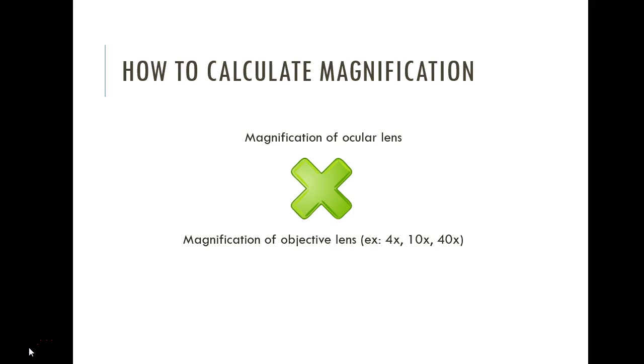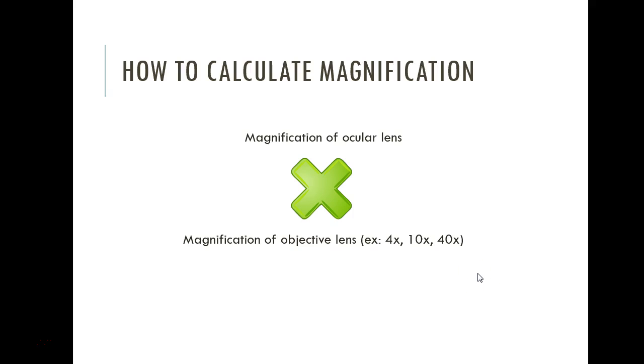In order to calculate magnification, you need to multiply two things: the magnification of the ocular lens and the magnification of the objective lens, which is 4x, 10x, or 40x. Those are some examples of magnifications on an objective lens.